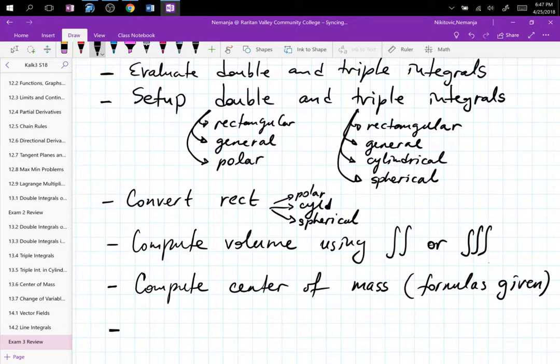The last part would be to use the change of variables plus the Jacobian to go from one realm into the next.